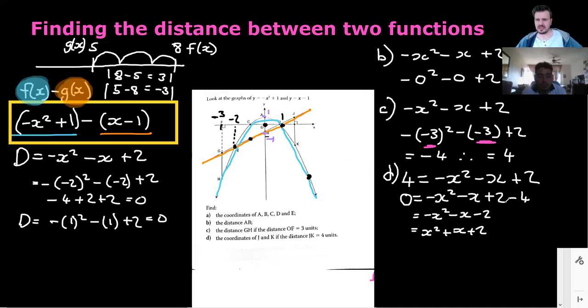What's actually going to happen is the distance is 4, but remember we're doing blue minus orange. It should actually be orange minus blue for this one, because blue minus orange will give us a negative value, since we're subtracting a bigger number. Say blue was negative 2 and we minused 1.